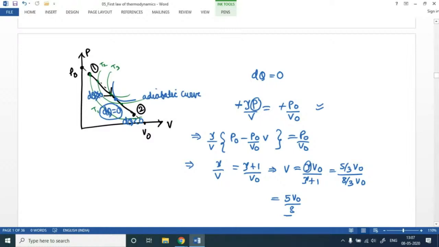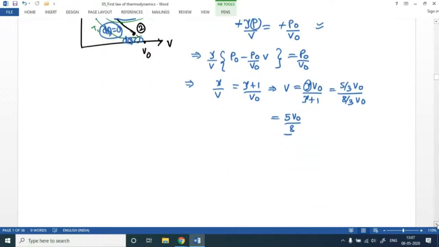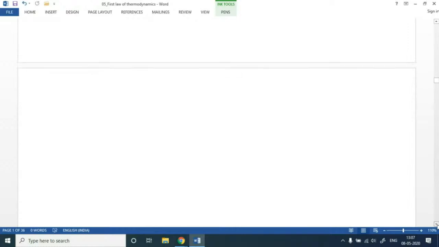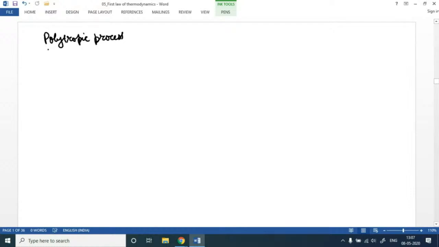So that is one of the very famous questions. The next thing we are going to look into is another type of process, known as the polytropic process. A polytropic process is any process where PV to the power K is constant, and K could be anything except 0 and 1.